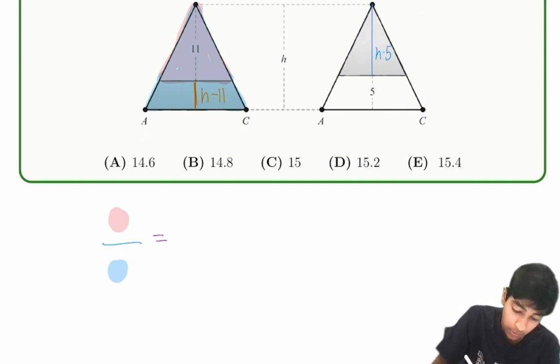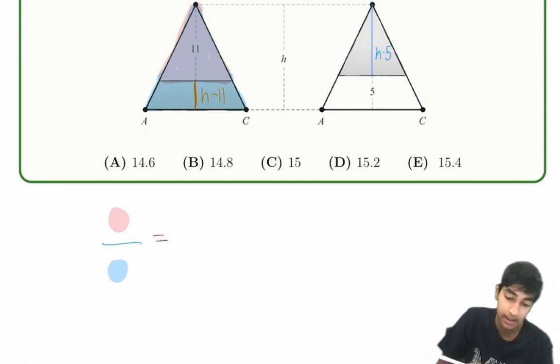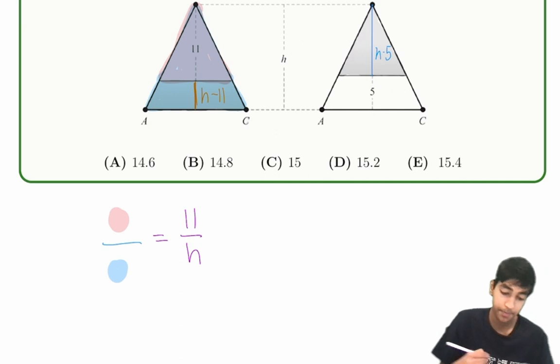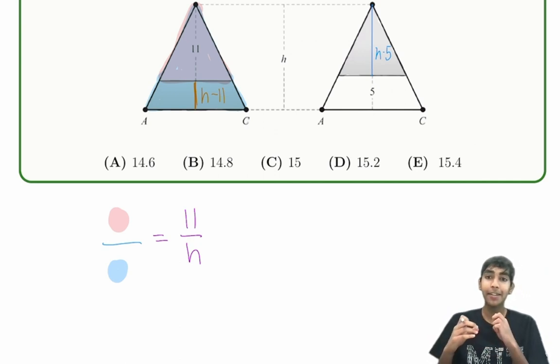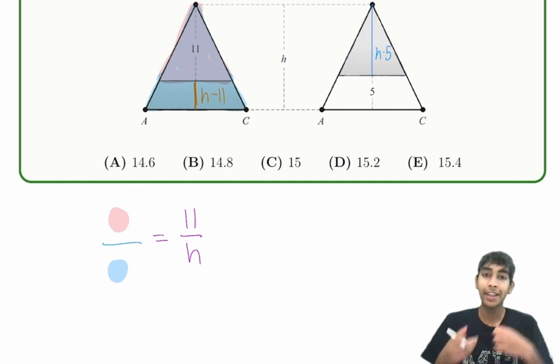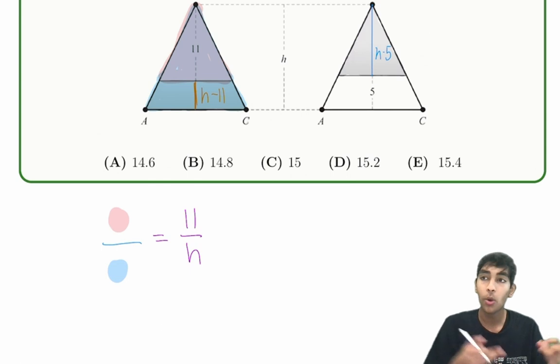is, well, the ratio of side lengths is 11 to H. So therefore, remember that area is the similarity ratio squared. So the ratio of the areas is the ratio of the side lengths, or height, or whatever lengths in the triangle, squared.